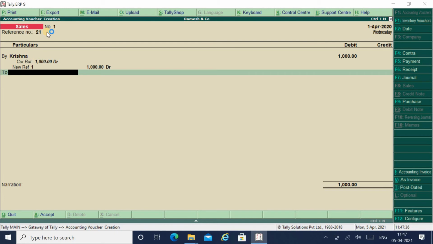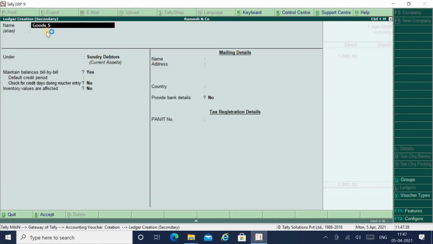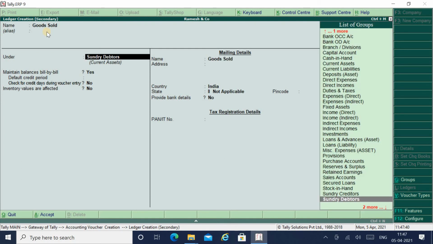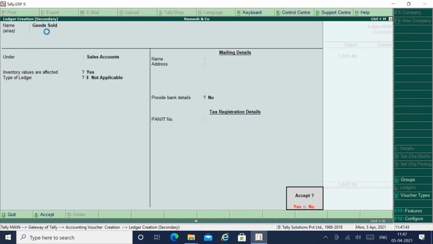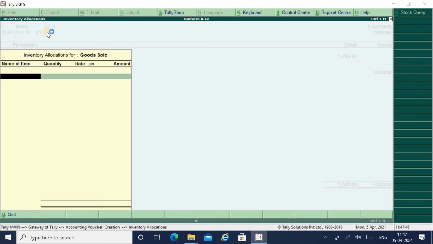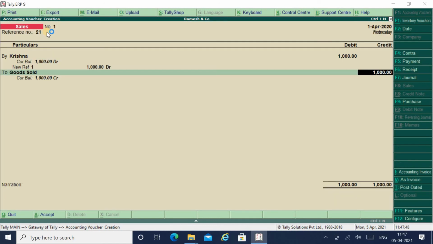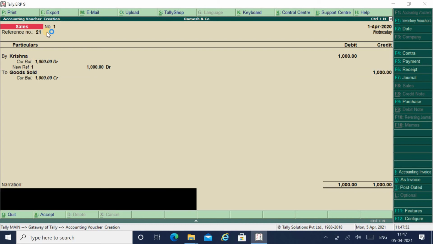And to means sold, which will come under sales account. There is no specific item right now that which goods we have sold, so you have to create the ledger as goods sold only. Now how will we identify whether this is credit sales or cash sales?